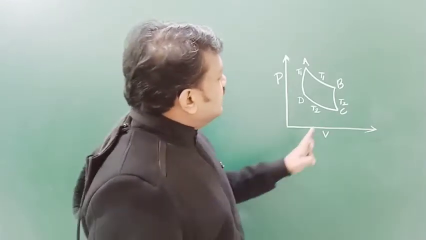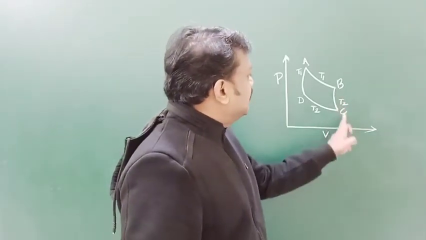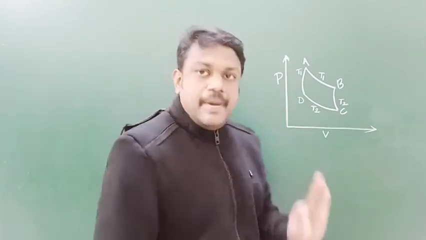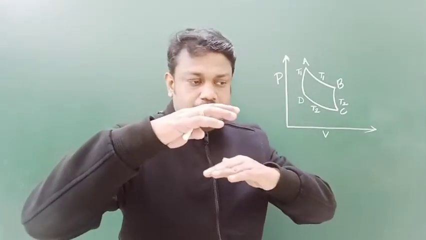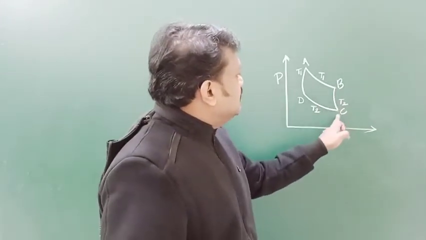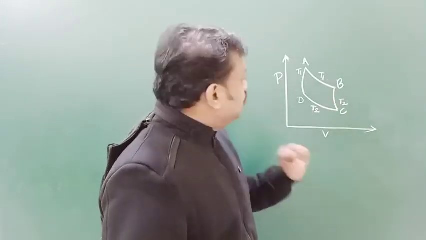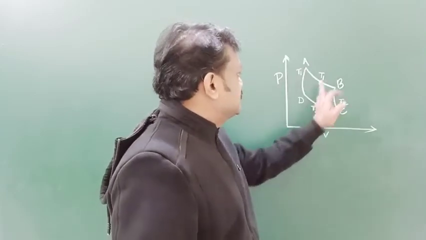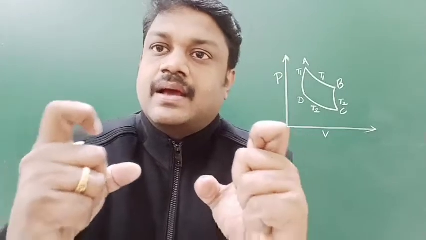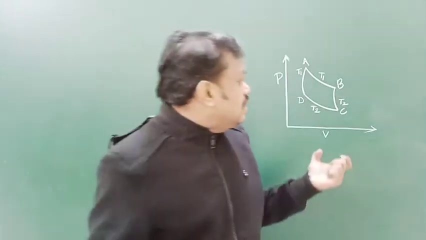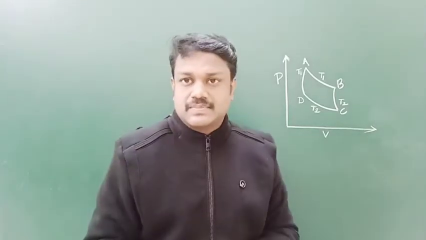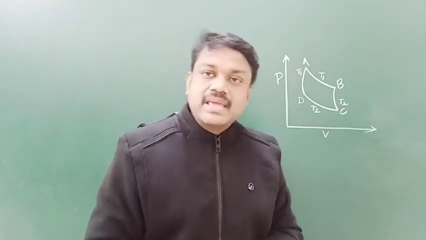We can say that the adiabatics are from B to C and D to A. These adiabatics are between the same isotherms: from B to C the temperature goes from T1 to T2, and from D to A from T2 to T1. If adiabatics are between the same isotherms, the work done will be equal.